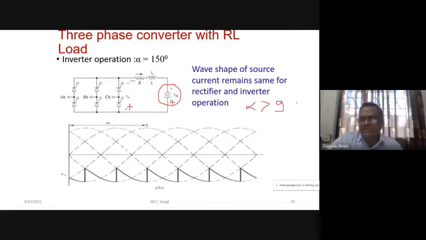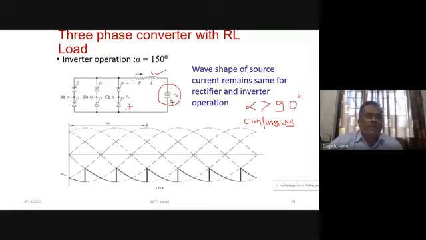Second, we need sufficient inductance, so that we have continuous conduction. So we require a sufficient value of inductance, and the battery should be of proper polarity.